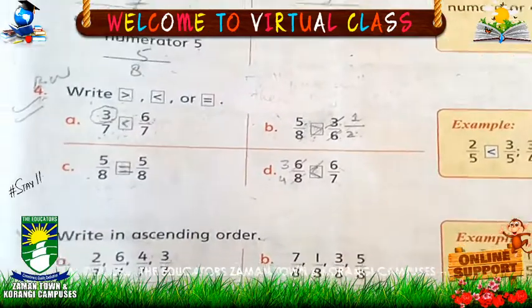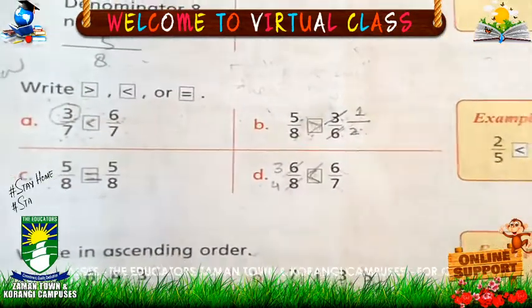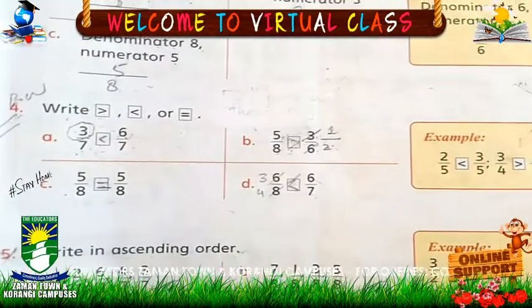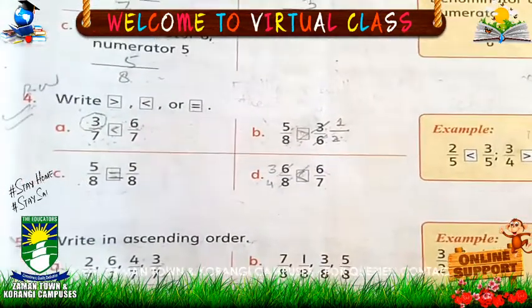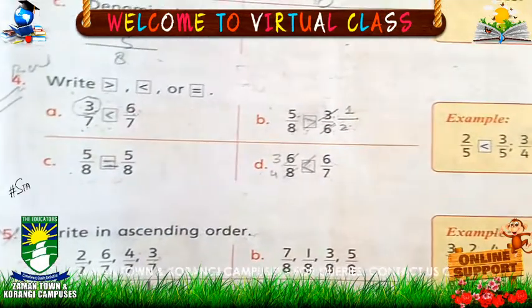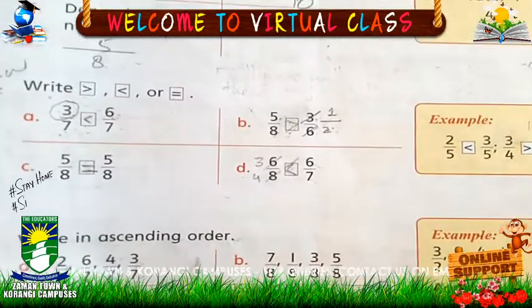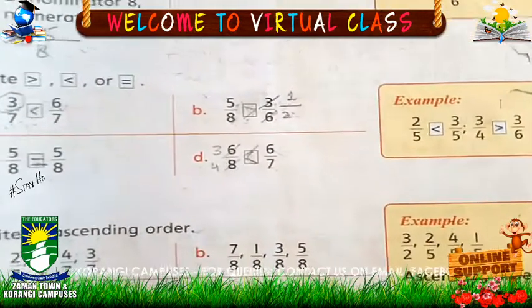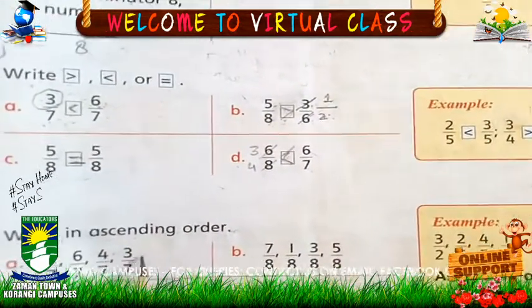You will start writing from the lowest fraction and end up with the greatest fraction, like here: 2/7, 6/7, 4/7 and 3/7.